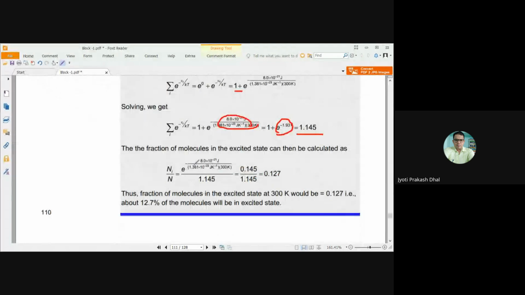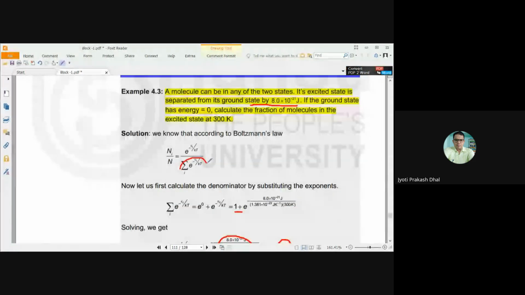Now coming to the fraction of the molecules in the excited state, which can be calculated as N by, so here we have just calculated the value of the denominator.